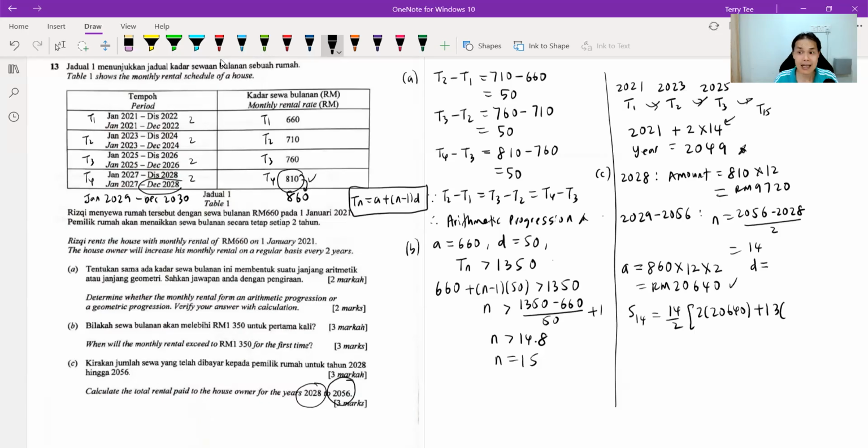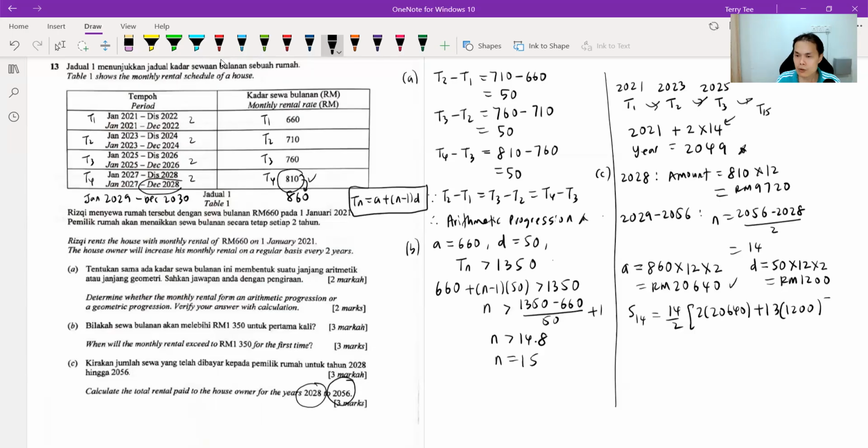Your d is, every 2 years period, you increase the monthly rental by 50. But in 1 year, there are 12 months, you times 12. And then you times 2 years. So that will be 1,200. So every 2 years period, you increase the rental in total by 1,200.